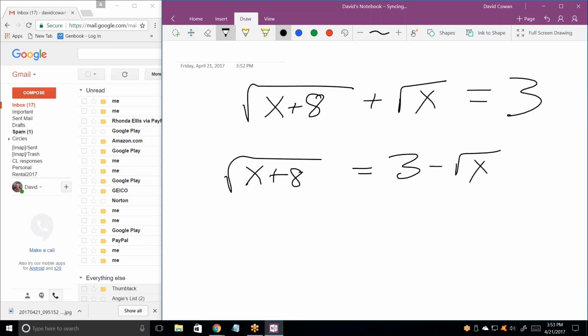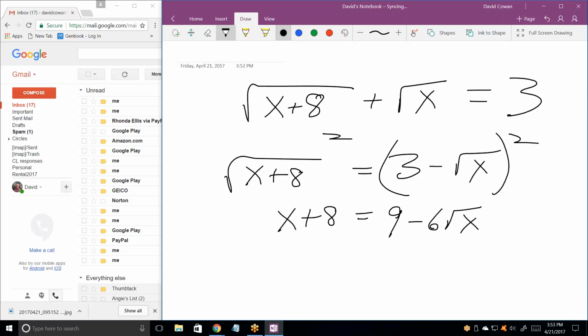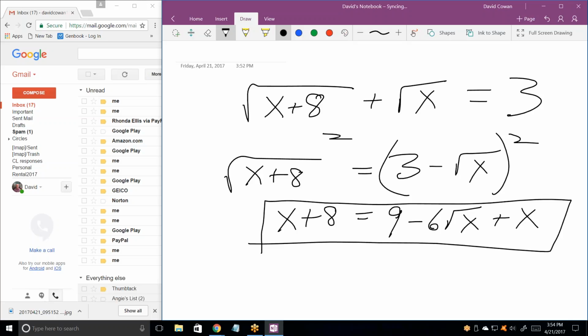So I've got this, so I'm going to square the left, giving me that. And when I square the right, I get 9 minus 6 root x plus x. Now notice that I've got an equation that only has one radical sign in it. That's that one right there.